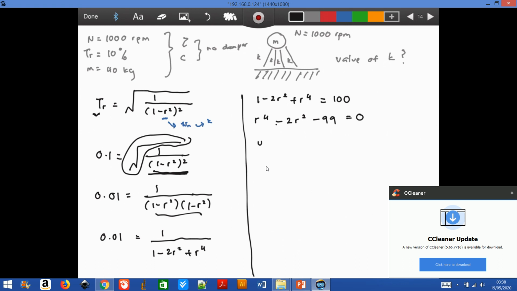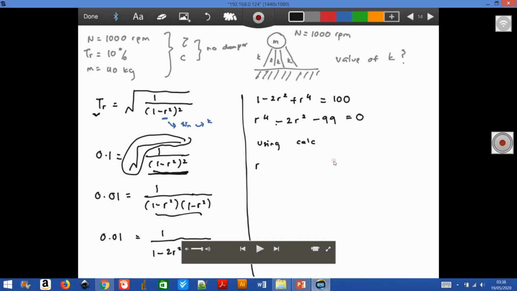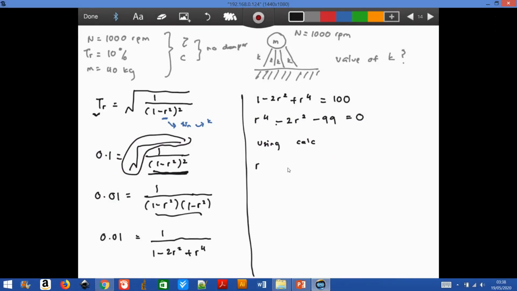Using your calculator, you can get the roots, which are r squared equals 11, or r squared equals minus 9. We know that the ratio cannot be a negative value, so r is the square root of 11, which is 3.317.